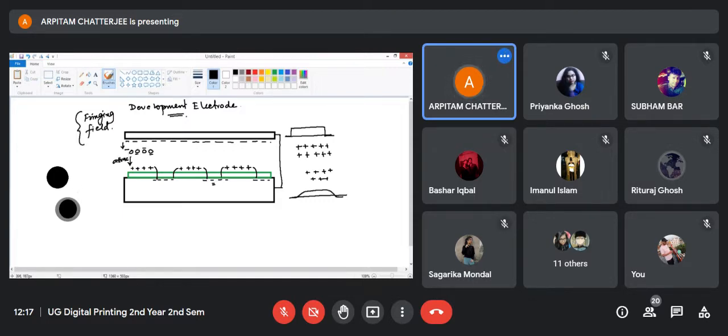One is this attraction, and you also have a repelling force, and that actually forces these toners or this colorant to go and attach over here. And why is this thing avoided? Because these negative things actually again get a repelling force from this place.